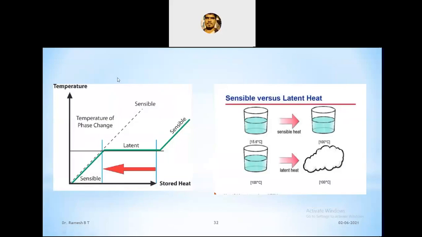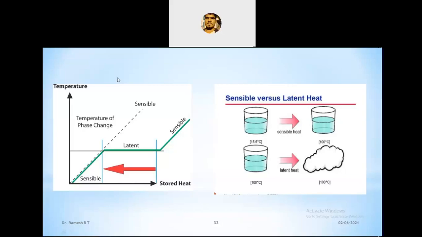Before going to sensible heat storage and latent heat storage, we should know what they are. These come under thermal storage. There is mechanical storage, electrical storage, thermal storage, and chemical storage, and of these we are briefly discussing only thermal storage.